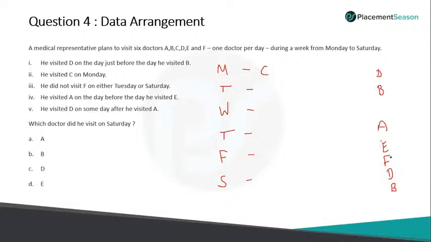So A, E, F, D, B should be together. So I can directly fix it here: A, E, F, D, and B. So this is the series. And which doctor did he visit on Saturday? Saturday should be B. So option B, right?